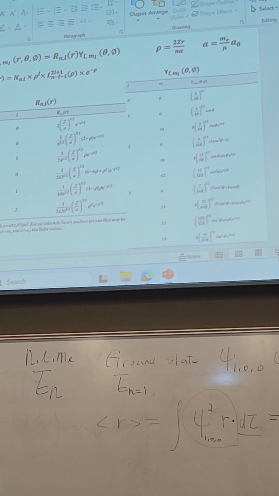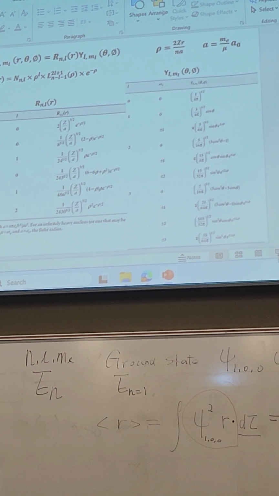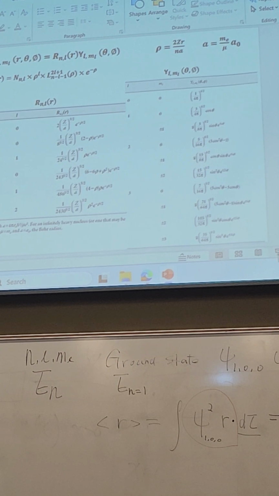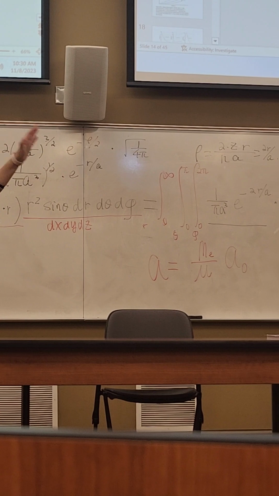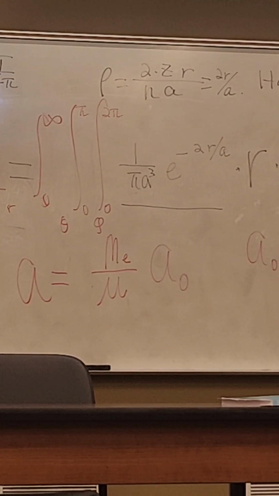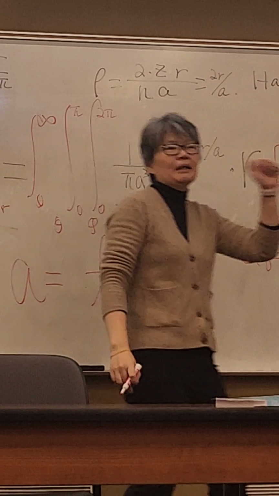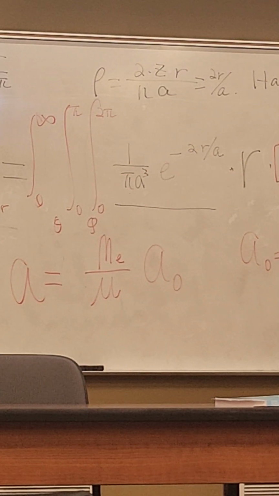A equals the ratio, in terms of a sub 0, of the mass of the electron versus the reduced mass. Now a naught, you guys know that value, equals 52.7 picometers. That's a distance for the electron in the hydrogen atom away from the nucleus.